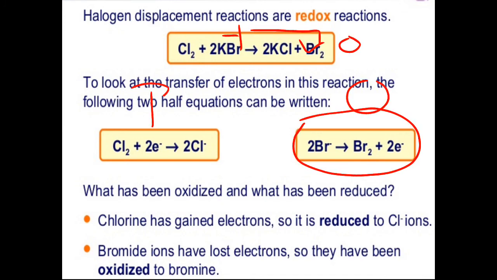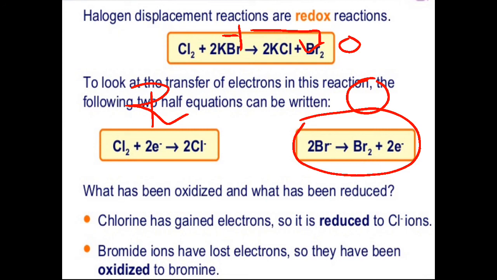So the gain of electrons is called reduction and the loss of electrons is oxidation. That is why this reaction is called a type of redox reaction. And we can see that chlorine is higher in the reactivity series. So chlorine is more reactive as compared to bromine, and chlorine going under reduction becomes the reason of oxidation of the less reactive bromine.